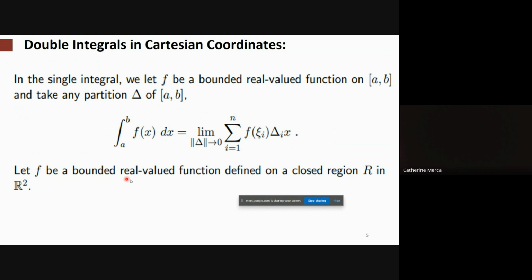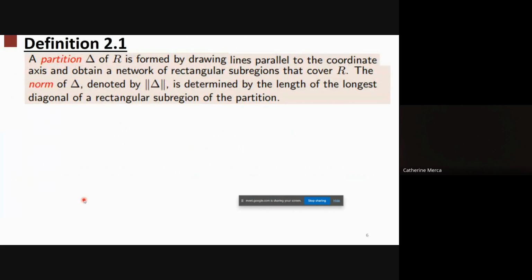Now, f is a bounded real function defined on this closed region R in R squared. A partition delta of R is formed by drawing lines parallel to the coordinate axis and obtain a network of rectangular subregions that cover R. The norm of delta is determined by the length of the longest diagonal of a rectangular subregion of the partition.